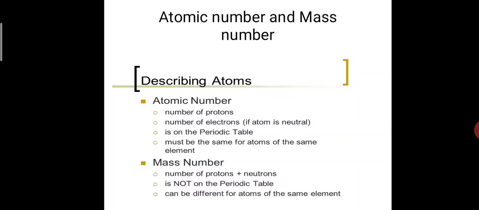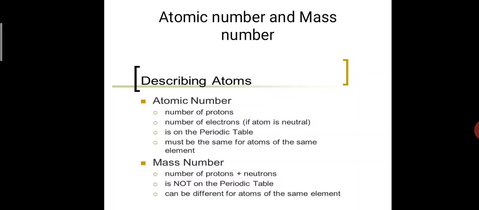So if I am asking you to calculate the atomic number, you have to count the number of electrons present in the orbits, or else you can count the protons in the nucleus, because the number of protons will always be equal to the number of electrons. Either you count the protons present in the nucleus, or the electrons revolving around the nucleus. Is it clear?